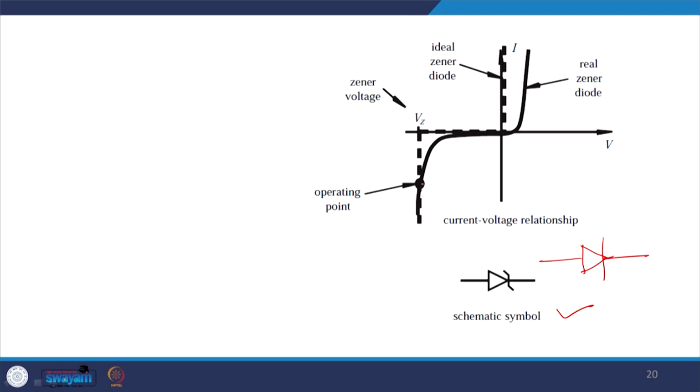Here you can see the voltage where we get current, which is called the Zener voltage, and this is the operating point around which we want it to operate. The dashed line shows the ideal Zener diode characteristic in forward and reverse bias.